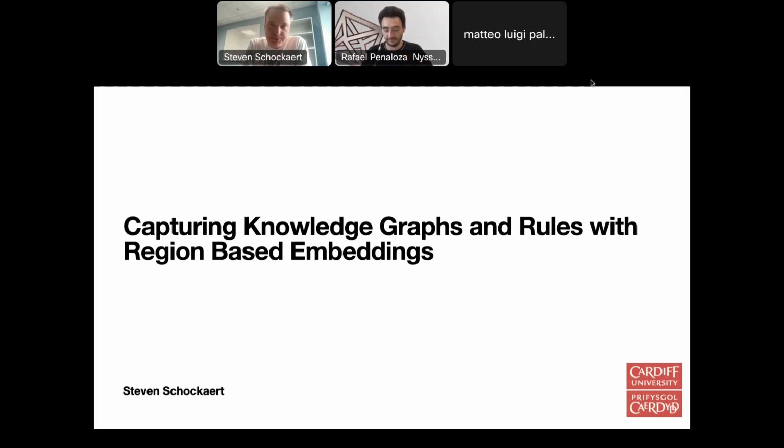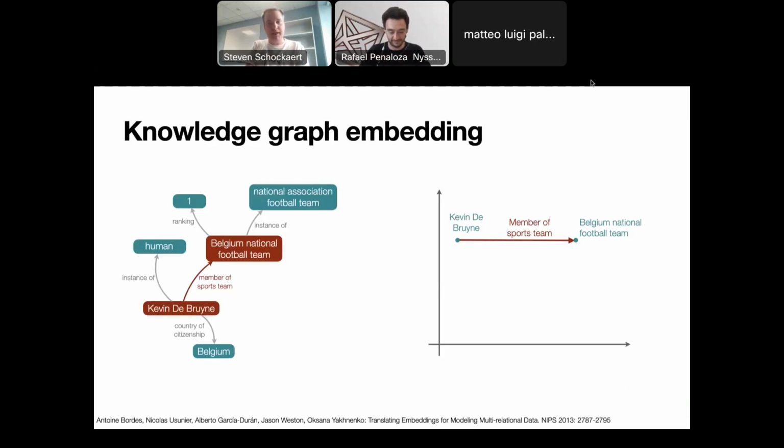And so I've been interested in looking at ways in which we can represent rules in particular using such representations. Let me give a quick example to set the scene. On the left-hand side, we have a knowledge graph, just a set of relational facts. Knowledge graph embedding methods, as I assume most of you will know, learn a vector space representation in which each entity from the knowledge graph is a vector.